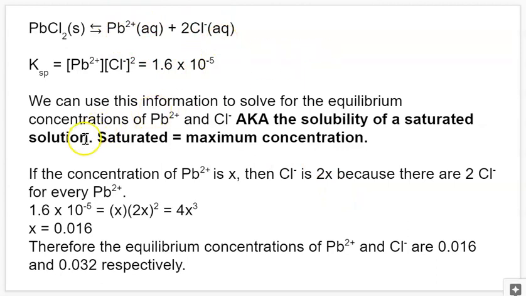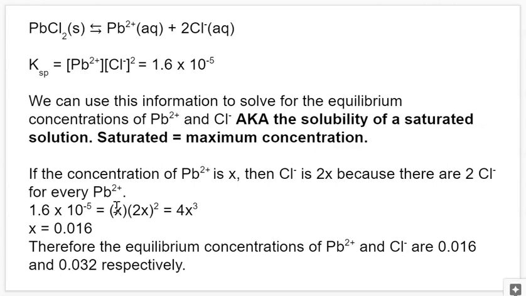And we could set up an equilibrium expression where our lead concentration is X, our chloride concentration is 2X, and it's also going to be raised to the second power because of the way equilibrium expressions work. And we can simplify X times 2X squared to make 4X cubed, because the square is going to affect both the 2 and the X, and then that's all going to be multiplied by X.